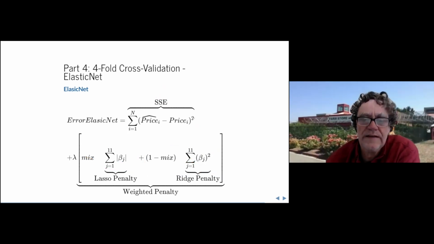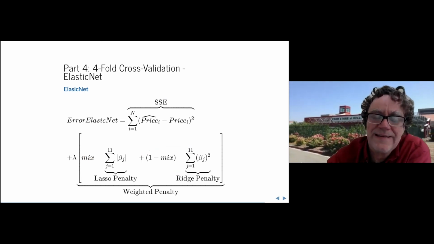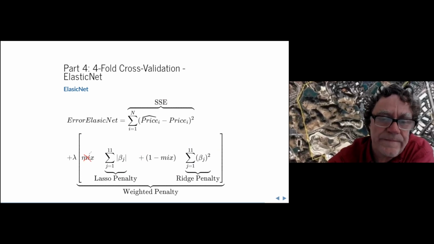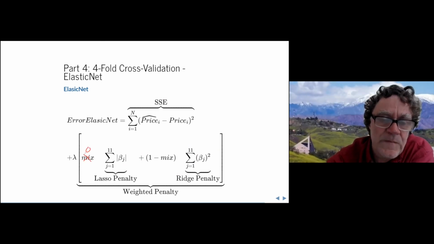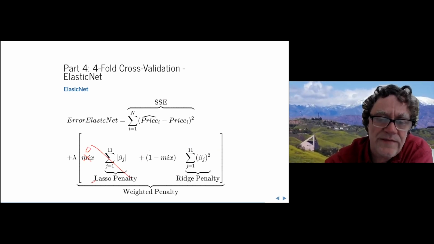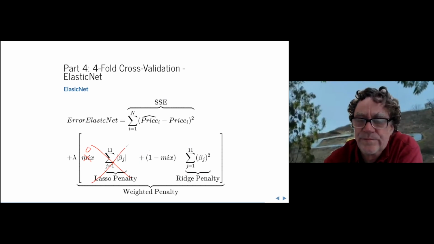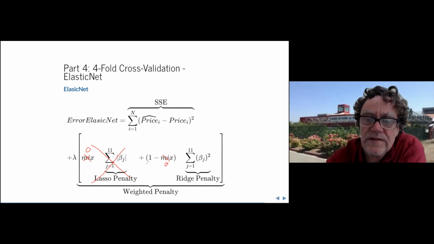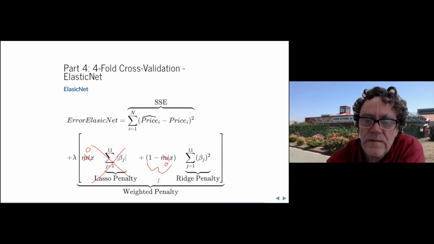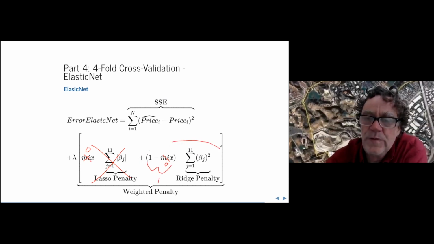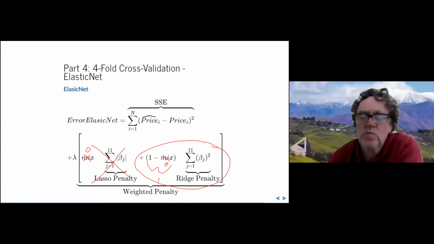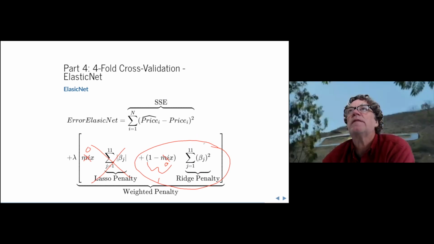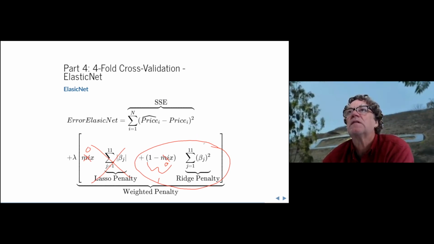Well, in another extreme case, if I set mix to 0, then this whole term here, the Lasso term, disappears. And I have a 0 here, so this becomes a 1. And I have a pure ridge regression. Does that make sense at this point? If not, then just simply interrupt me.